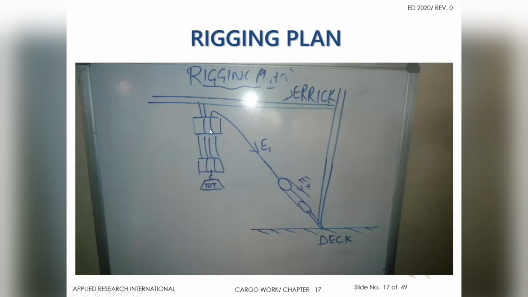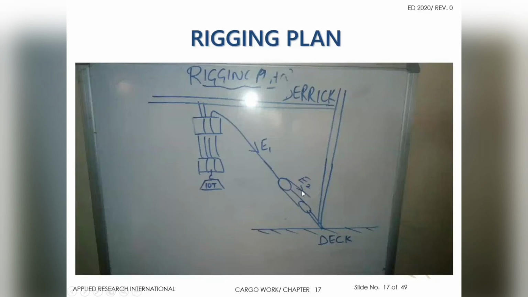This is double luff tackle or two-fold purchase used to disadvantage. It is telling you. So this is the runner wire of the hauling part of the double luff tackle, which is thereafter connected to the next gun tackle over here. See, this is a gun tackle. N is equal to 1 plus 1 sheave over here. And then this is connected at the deck, and over here is the derrick for your understanding to show you.